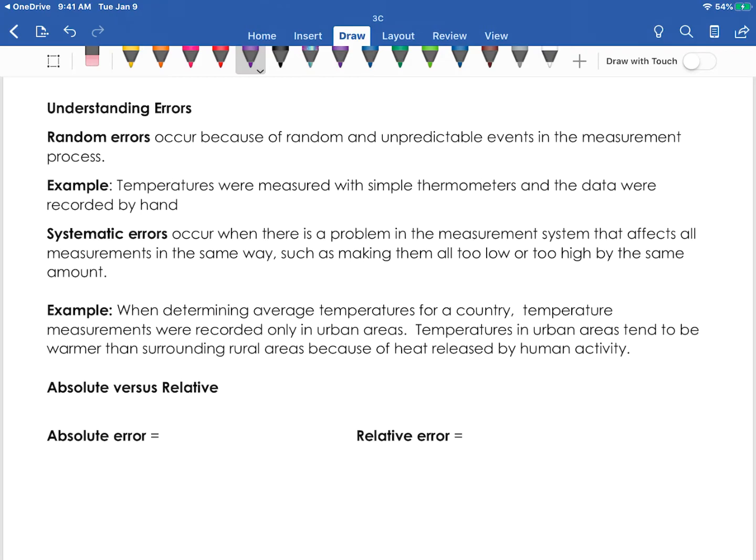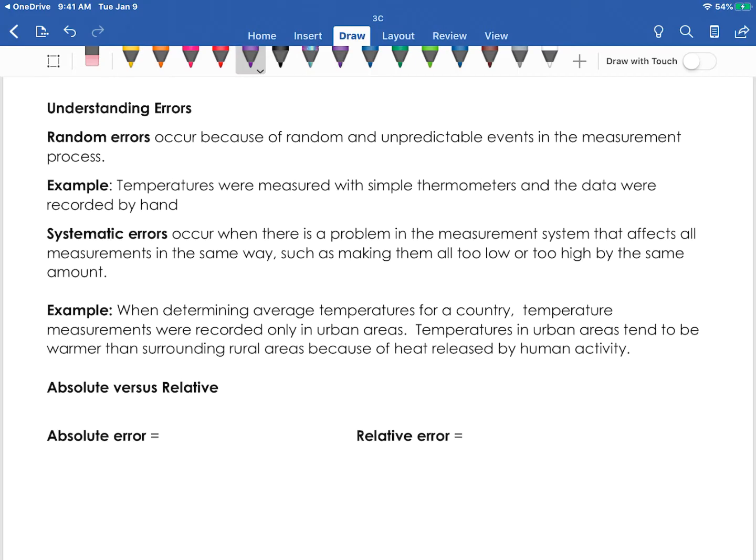Some of you that are old enough remember the thermometers that had the mercury in it, and your mom always told you, be careful, don't bite down when you're taking your temperature. You don't want to accidentally break the glass thermometer and get that mercury in your mouth. Those thermometers were very old-fashioned, very simple, not high-tech, not digital. It was very hard to read those.